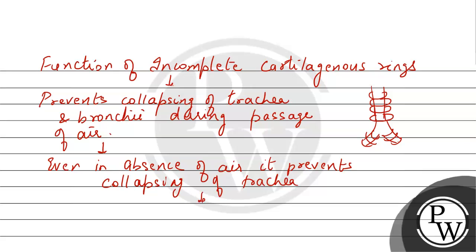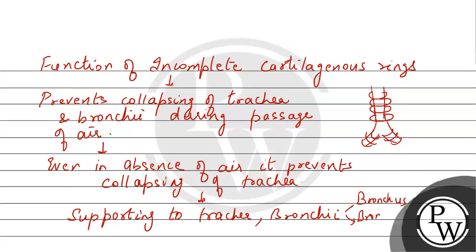If air is not present inside the trachea, or when air is passing during inhalation as well as exhalation, it helps the tracheal tubes and bronchial tubes from collapsing, right? So it is actually giving support to the trachea and bronchi. And in bronchi we have the bronchus, primary bronchus and bronchioles, you can see.